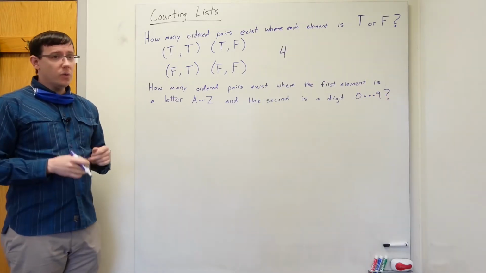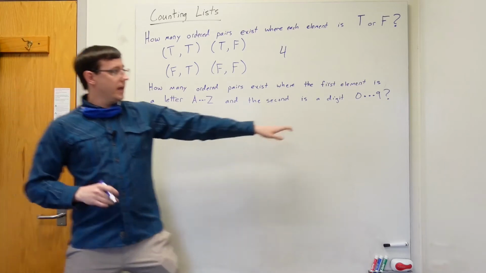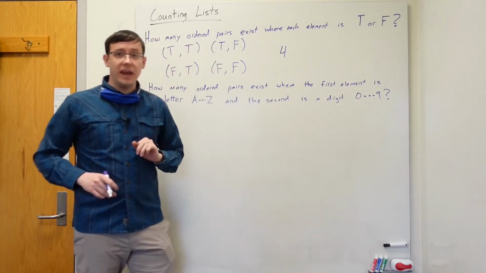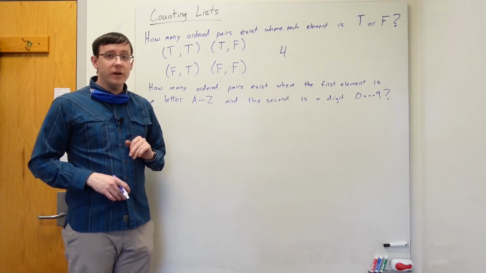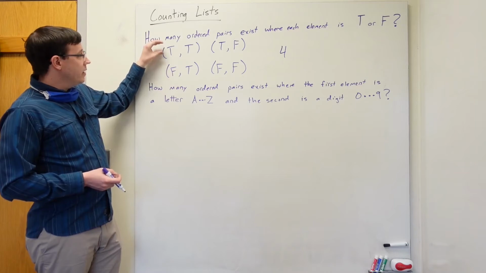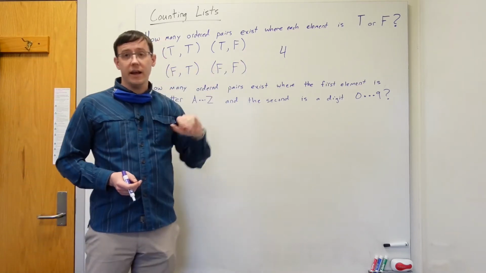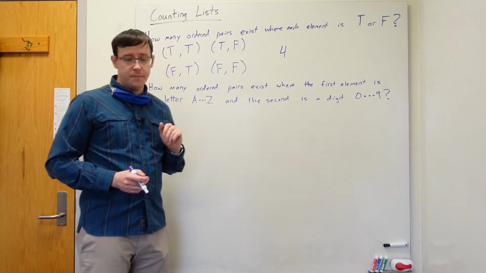If we want to count all of the lists where the first element is a letter and the second element is a digit, then we could again lay them out in a grid where the first element determines the row and the second element determines the column.